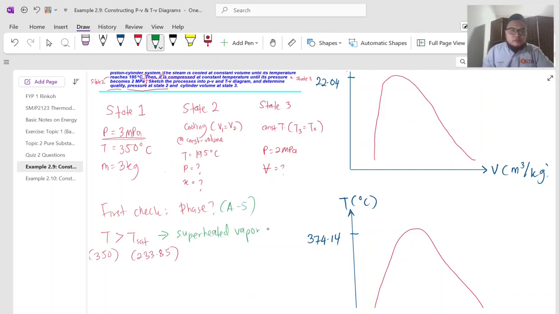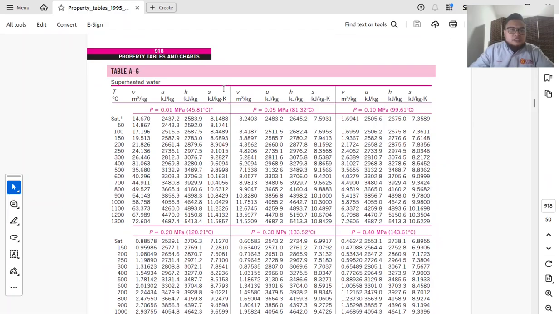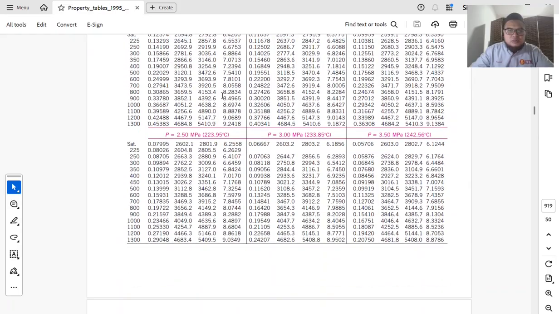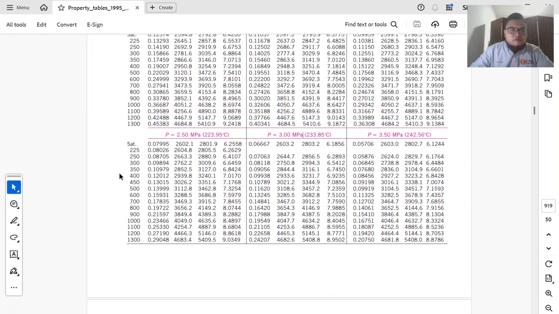For superheated vapor, the property table is A6, so we are going to visit that table. A6, our pressure is 3 megapascals, so let's go down to 3 megapascals. Here we go, and then we have a temperature of 350 degrees Celsius.